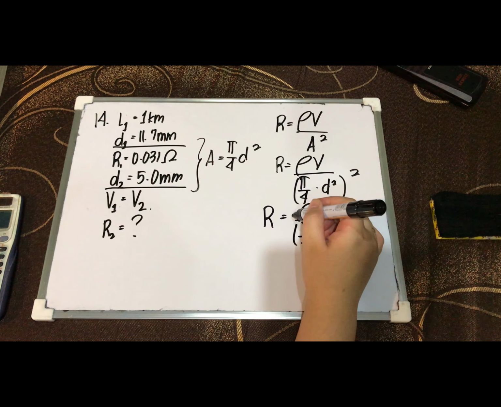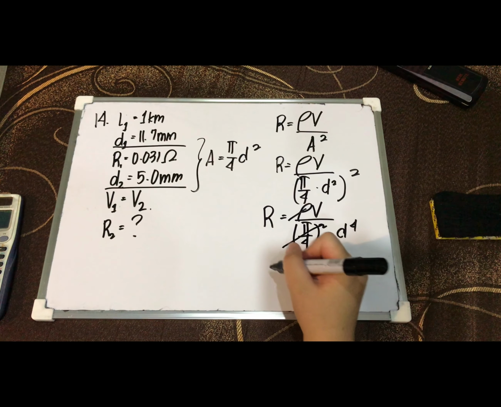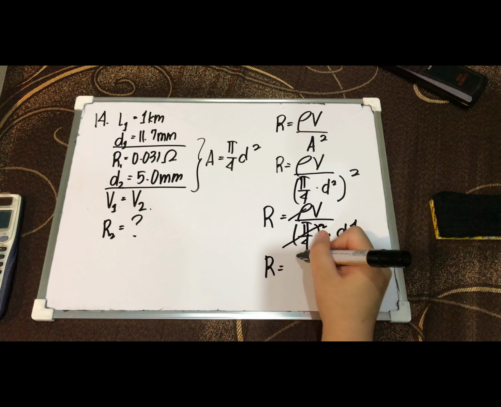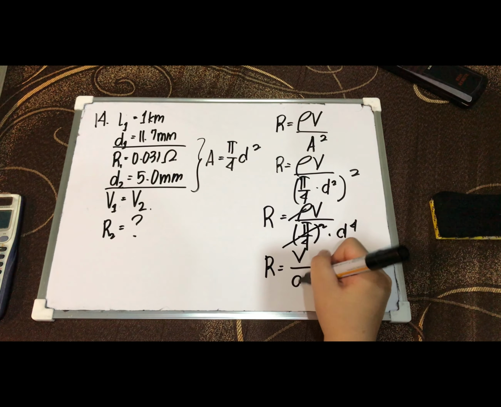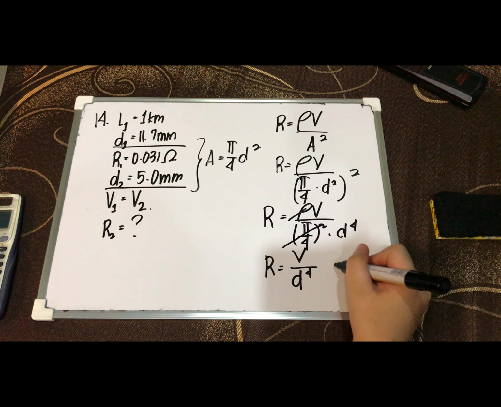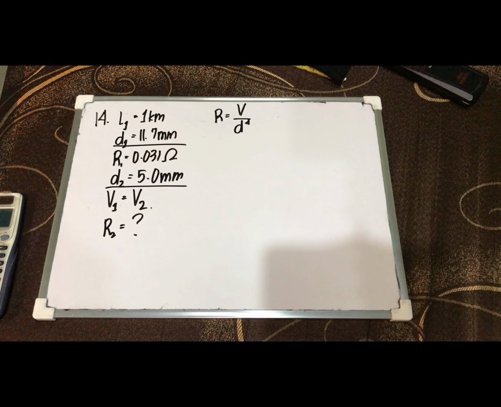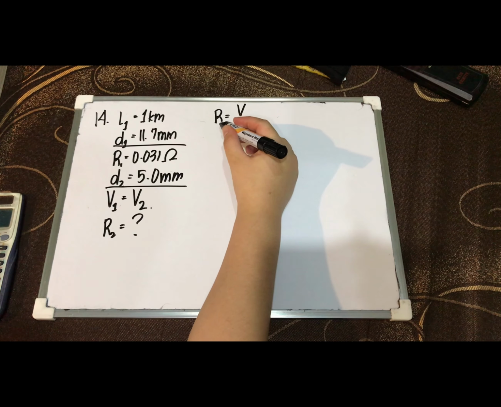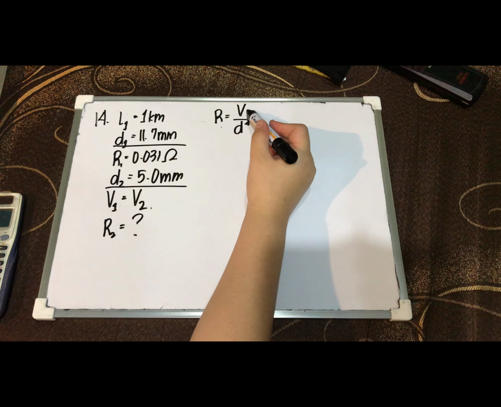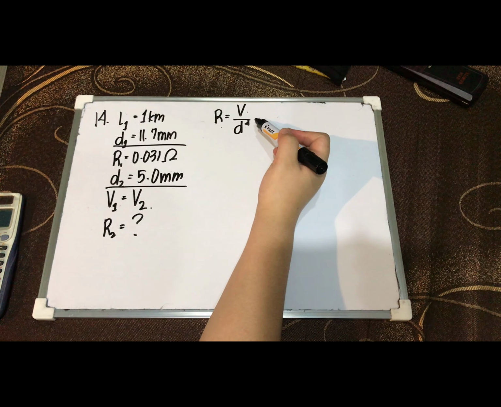So, since ito ay constant din, magkakaroon tayo ng R na is equals to V over D raised to 4. Magiging ito yung equation natin. So, magiging formula ng resistance natin dito ay yung R. R is directly proportional to the volume but indirectly proportional to the D raised to 4.